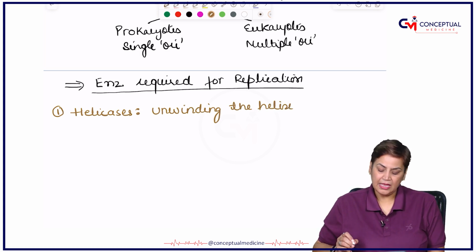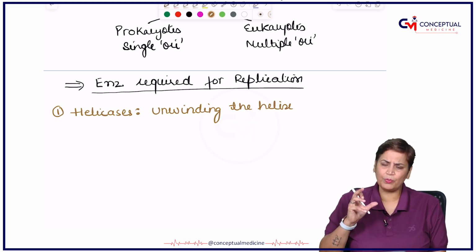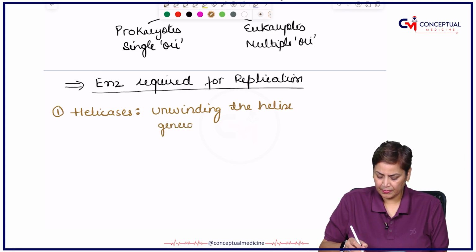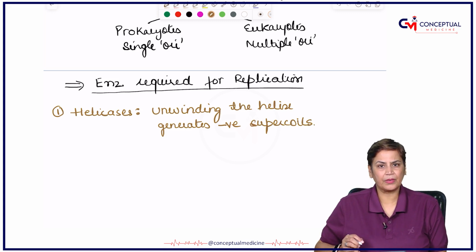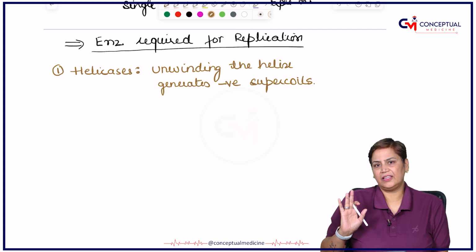Then once the helix is unwound, some kind of supercoiling is introduced in it. So it generates negative supercoiling or supercoils, right? So helicases is just unwinding the helix.